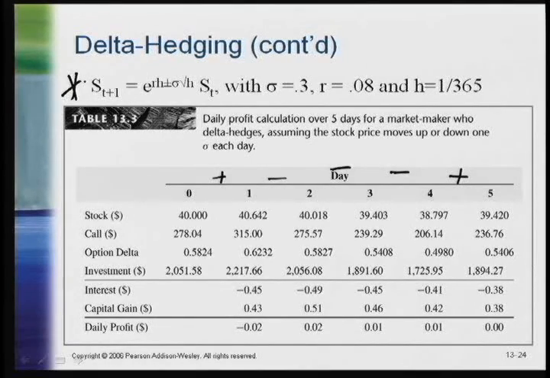And you can see that the daily profit for the market maker is virtually 0. So the theme, and this is something we'll see again in more formality, is that the market maker's P&L will always be 0 in a delta hedging situation when the stock price moves plus or minus 1 standard deviation.